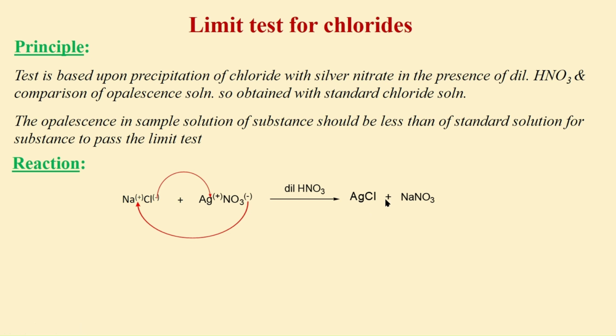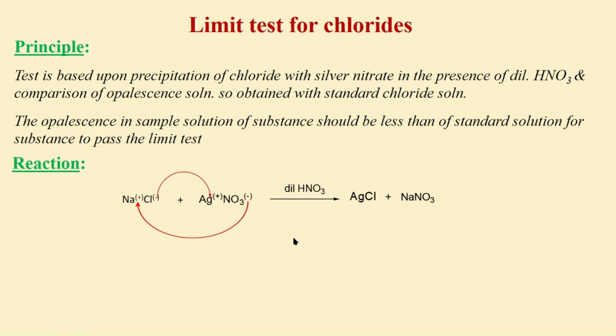The amount of silver chloride formed depends upon the amount of chloride present in the sample. That's why, if the silver chloride concentration is more, then the chloride concentration is also higher. If it is less, then the chloride ions are also less.